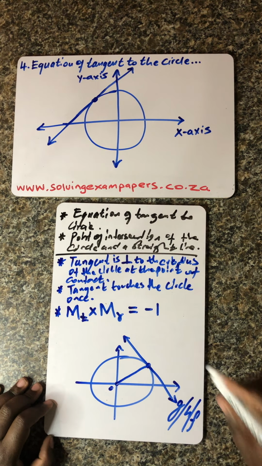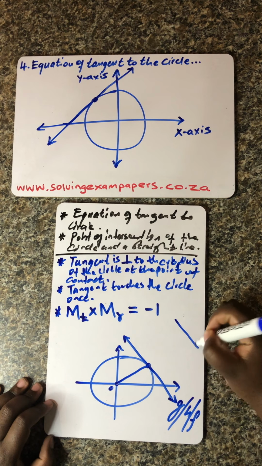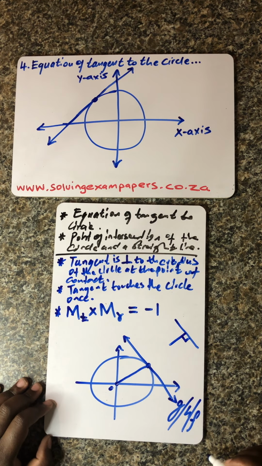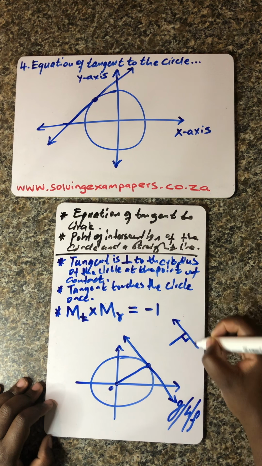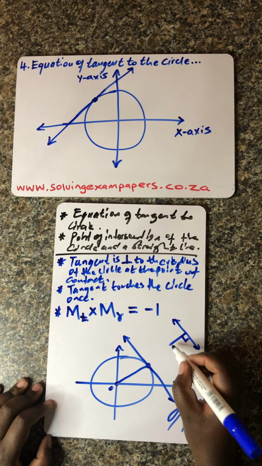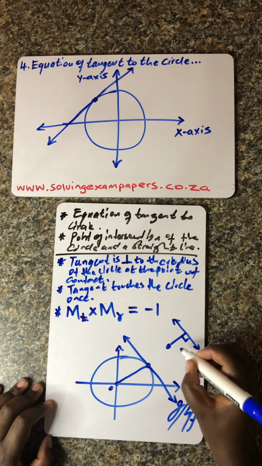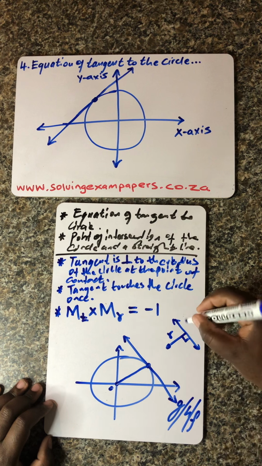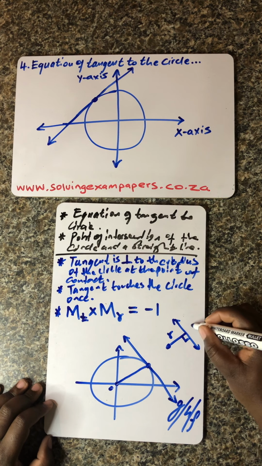Can you see we already have that 90-degree angle? It's very important that you fully understand that part. This is the radius, so that means this is the tangent.